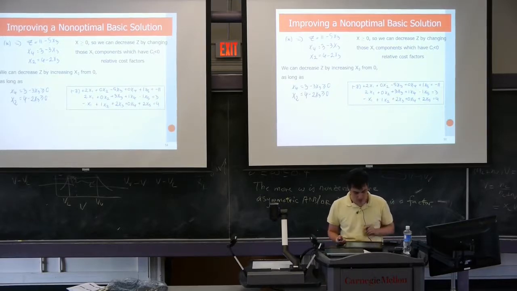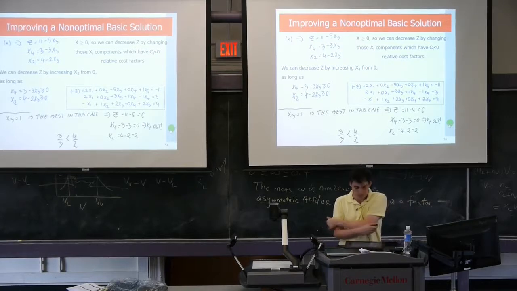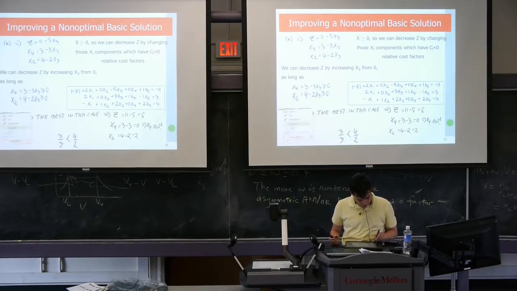So this is what I just wrote here, and we can see that x3 is best when it is 1, because when x3 is 1, then x4 will reach 0.